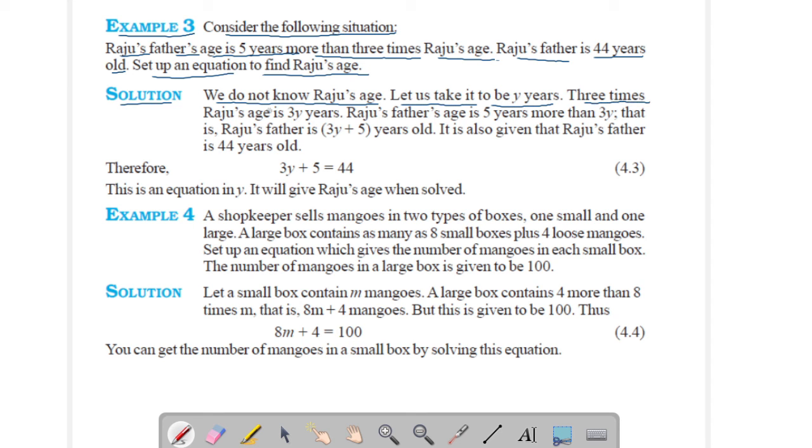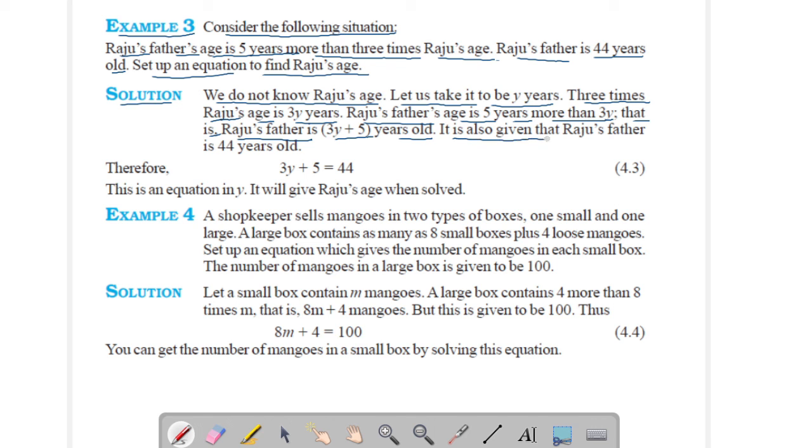3 times Raju's age is 3y years. Raju's father's age is 5 years more than 3y. That is, Raju's father is 3y plus 5 years old.